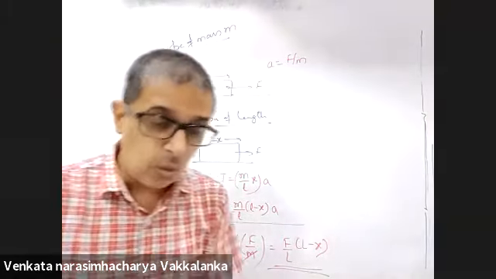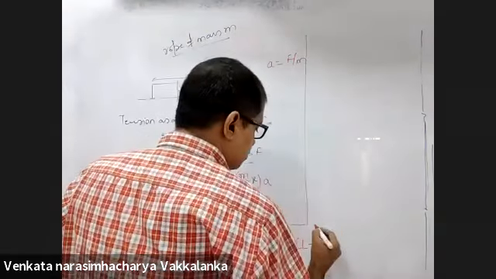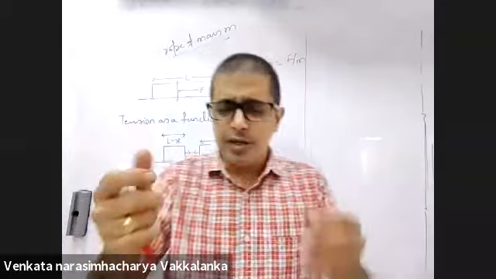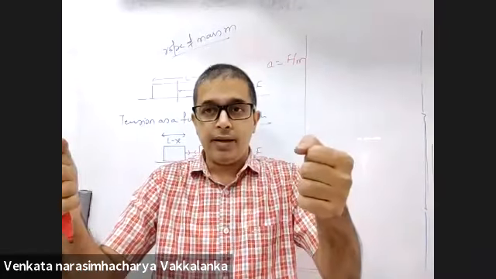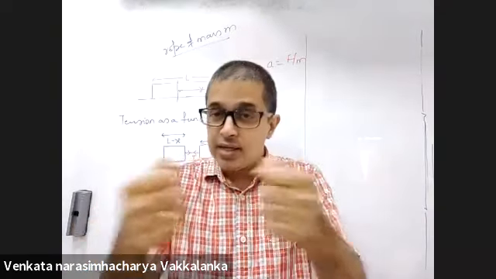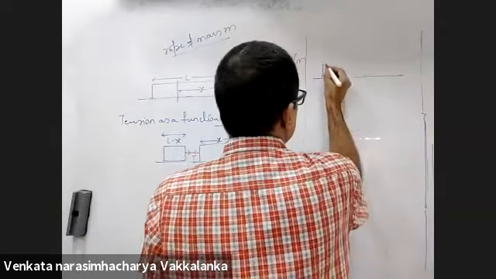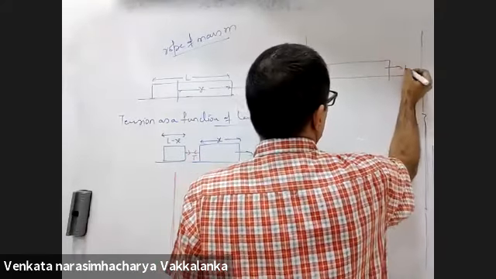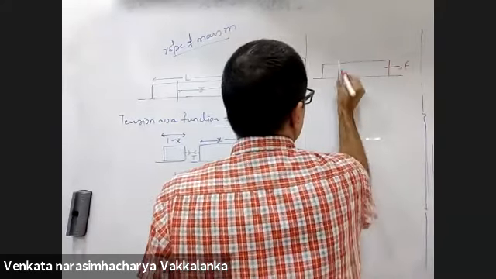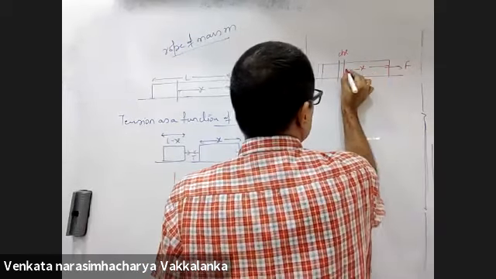But what will be the orthodox way of solving it? Visualize this carefully. Tension is always pulling. It acts away from a point with respect to the point. Suppose I consider a rope like this and I'm pulling with a force of F. Consider an element dx at a distance of x.